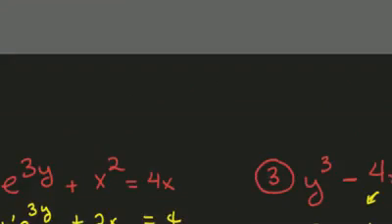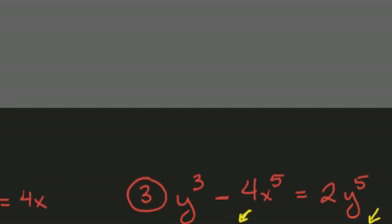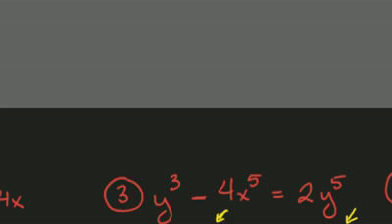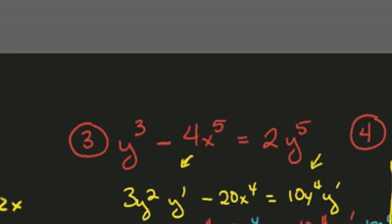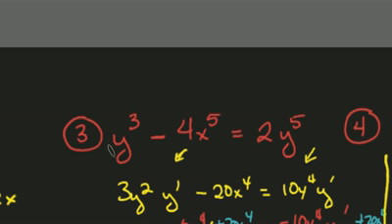It's pretty straightforward. Let's look at this one here. Go ahead and try it. Pause the video. Hopefully you've been doing this all along. Alright, so the first step should be deriving. When we derive this, 3y squared y prime minus 20x to the fourth equals 10y to the fourth.